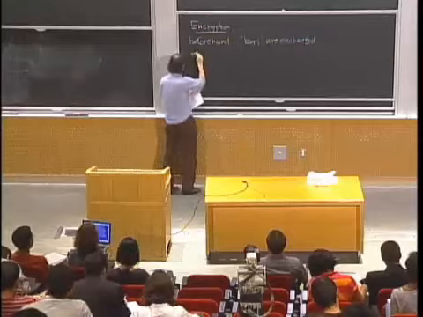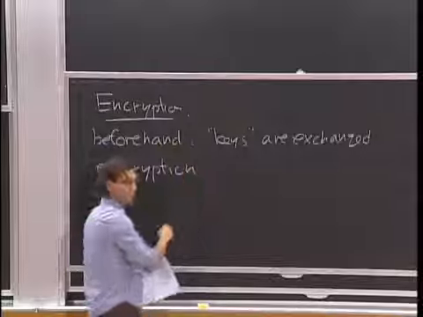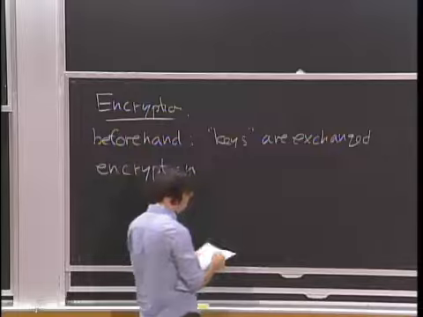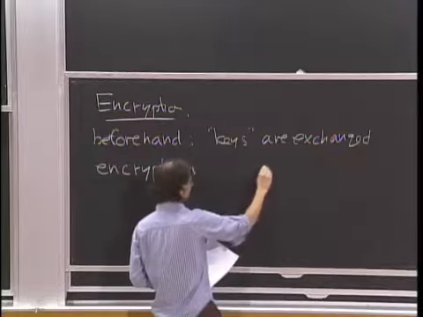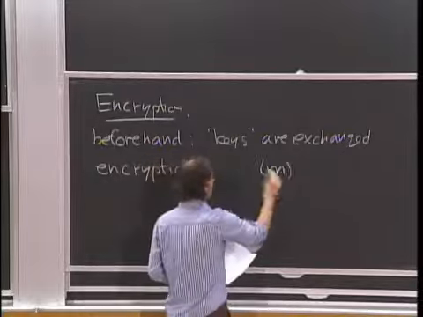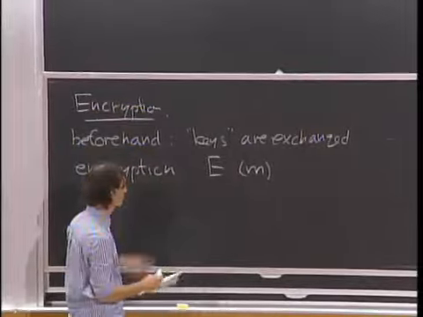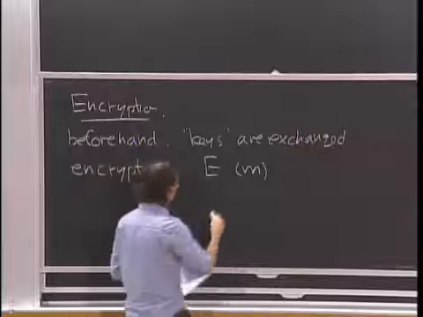And in order to avoid it, I will use encryption, which is some kind of algorithm that actually transforms my message M, my plain message, by using some kind of algorithm E, some encryption algorithm. It can be a function as well.